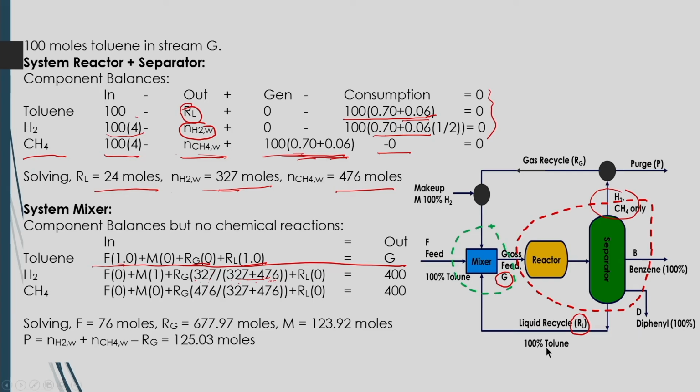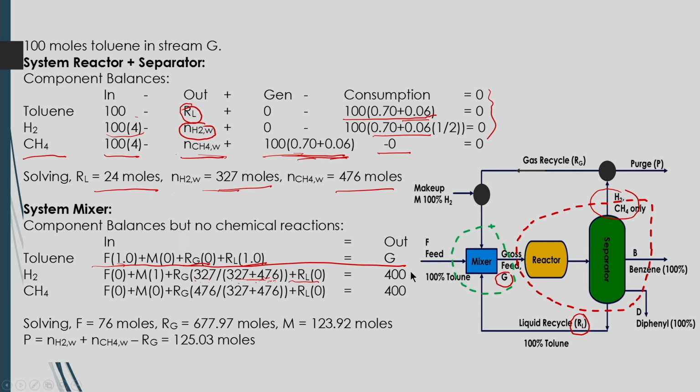And then the liquid recycle RL: since there is no hydrogen in the liquid recycle, the fraction will be equal to 0. So, RL into 0, that is, there will be no hydrogen gas in this liquid recycle. So, finally, we can write the hydrogen balance as F into 0 plus M into 1 plus Rg into this fraction plus RL into 0, that will be equal to 400.